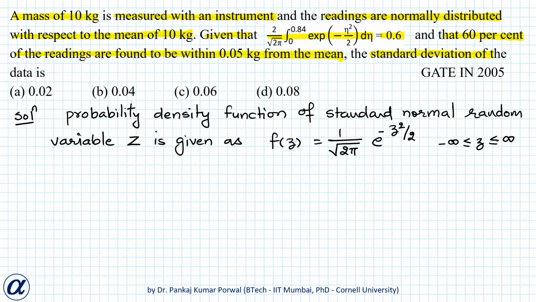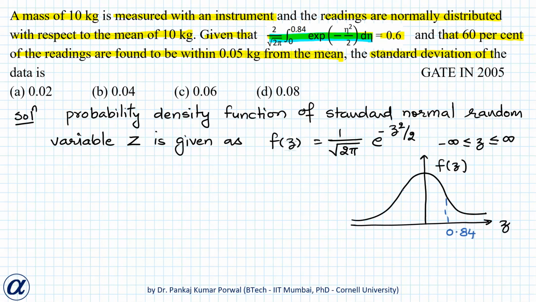And here this integral is nothing but twice the area under the standard normal density function from 0 to 0.84, or we can also say this is the area under the standard normal density function from minus 0.84 to plus 0.84, and we will use this value to find the standard deviation of our mass measurement.